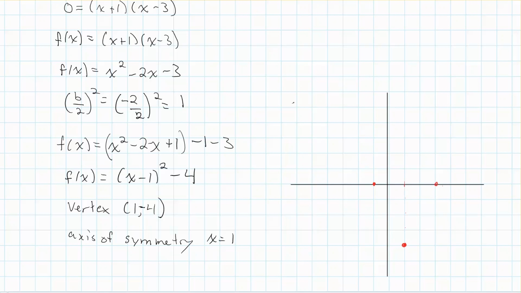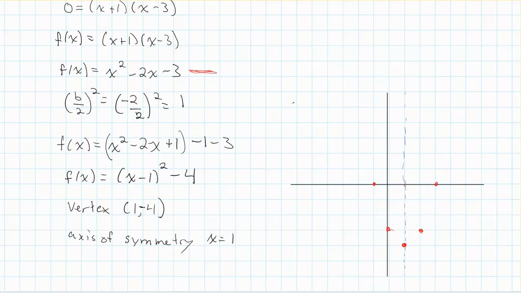Now we could also figure out the y-intercept pretty quickly. Just looking at this line right here, if you plug x equals 0 in, you get negative 3 for the y-intercept. And because of symmetry, my axis of symmetry, which is this line here, we know that since this point is right here, we can reflect it over to the other side, and we get a point right there.